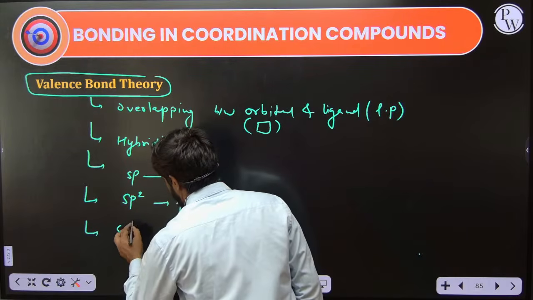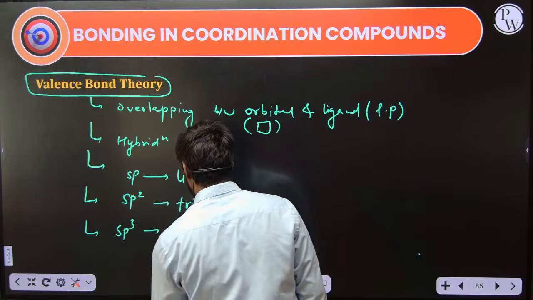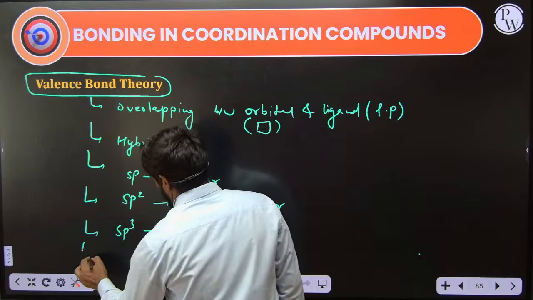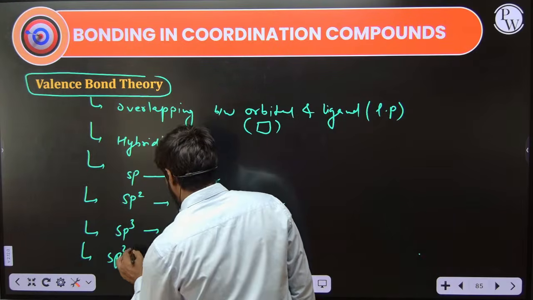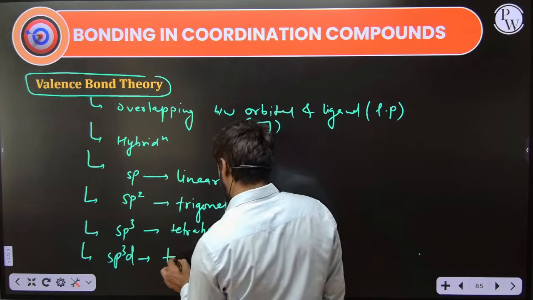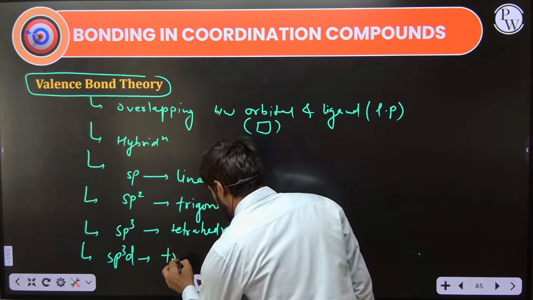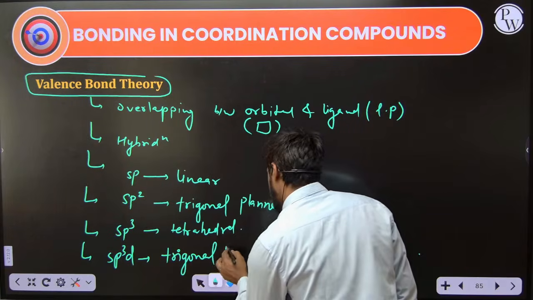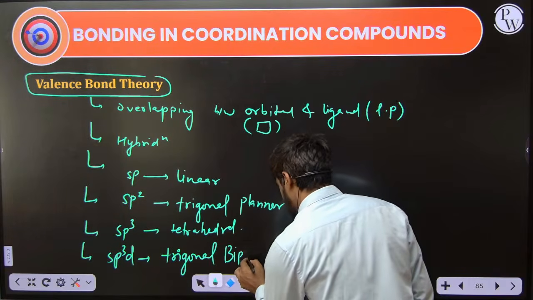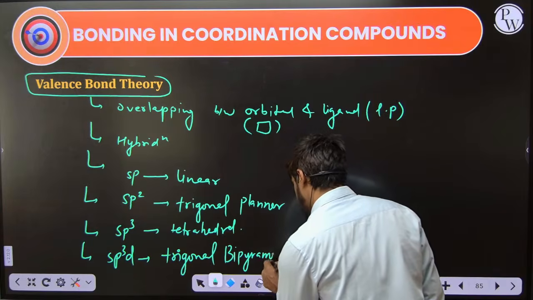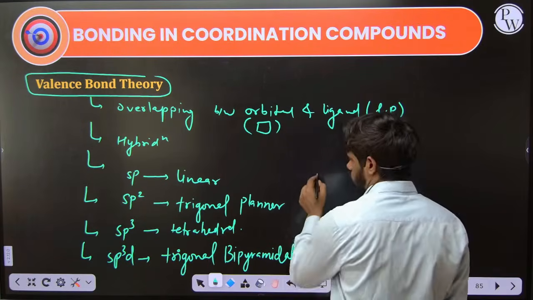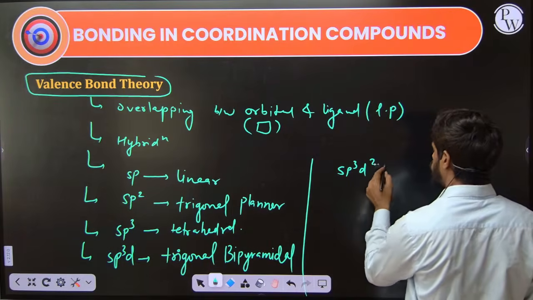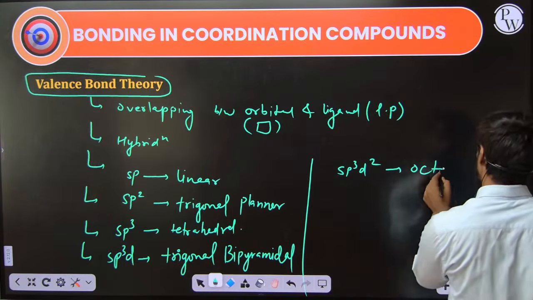If it is sp3, then it is tetrahedral. sp3d is trigonal bipyramidal. If it is sp3d2, it is octahedral.